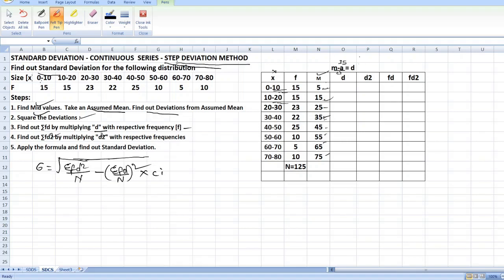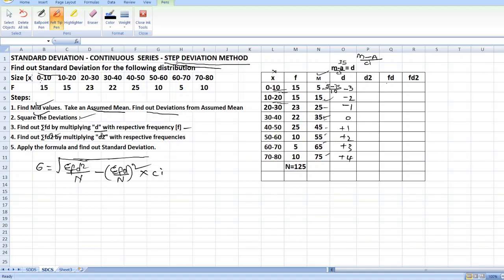That is mid values minus assumed mean divided by class interval difference. As an example, 5 minus 35 divided by 10 is 30 by 10, which gives minus 3, then minus 2, minus 1, and in the same way 0, plus 1, plus 2, plus 3, plus 4.